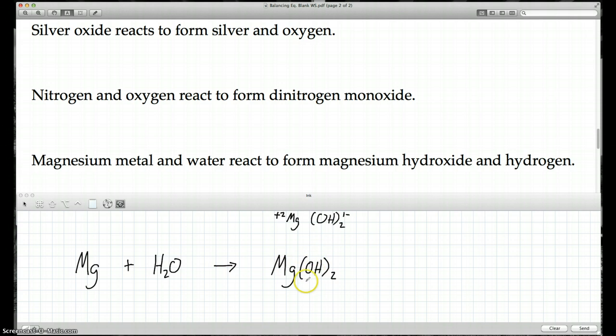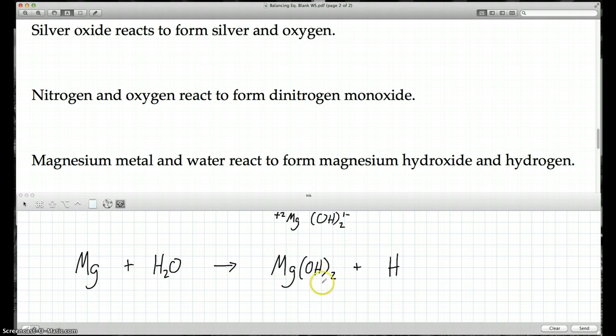Remember, whenever you do a compound, you either have to use the prefixes, or you have to do the switch trick if you don't have the prefixes. So, "and" is my next word, that's a plus sign, hydrogen, H. I know the formula for water is H2O, so I don't have to worry about that.